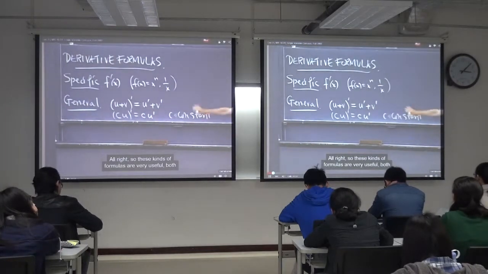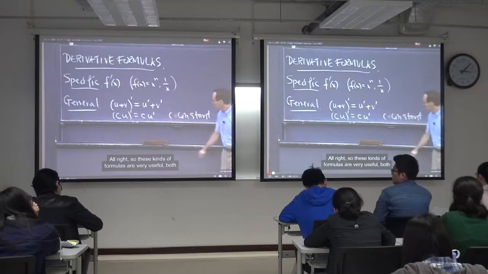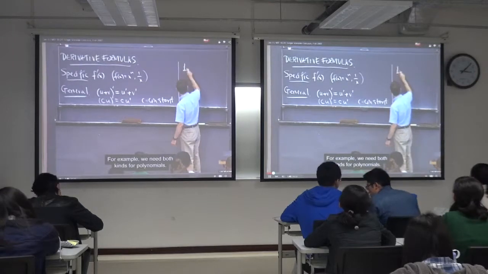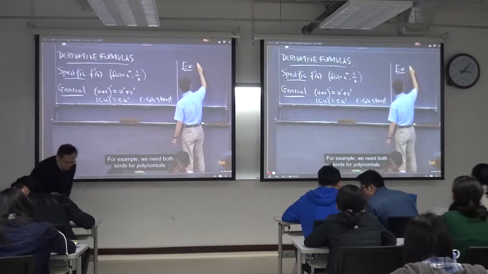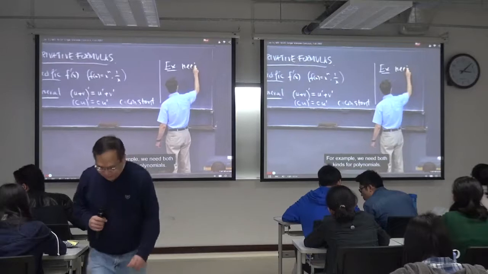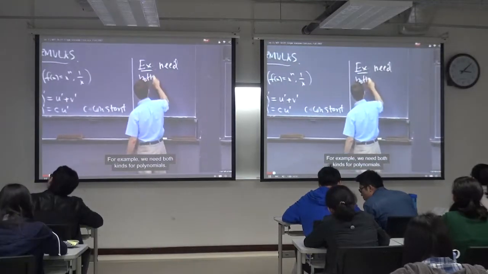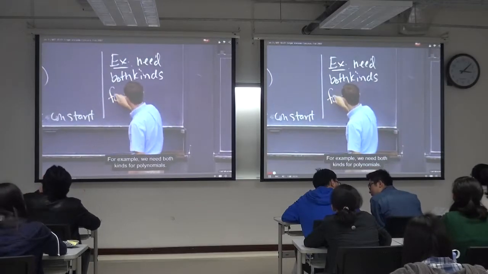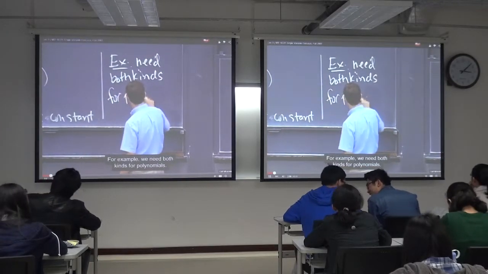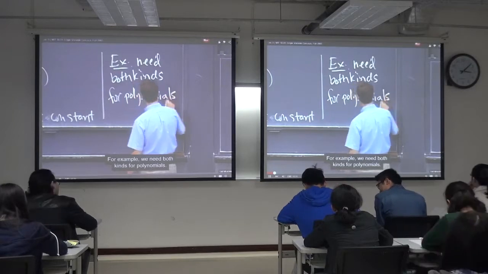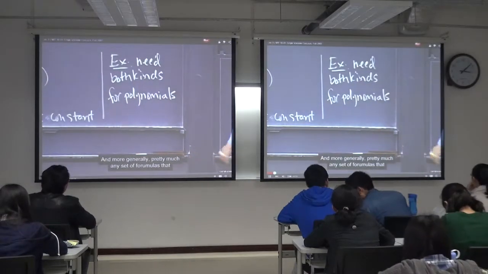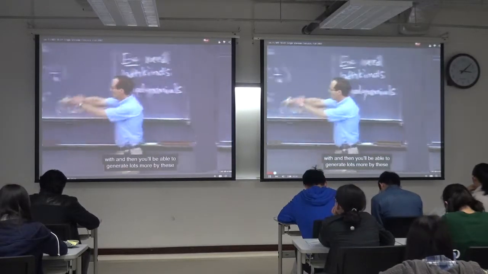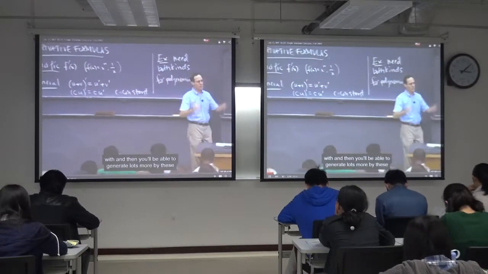These kinds of formulas are very useful, both specific and general kind. We need both, for polynomials too. And more generally, pretty much any set of formulas that will give you a few functions to start out with, and then you'll be able to generate lots more by these general formulas.